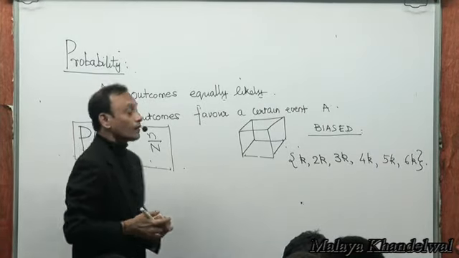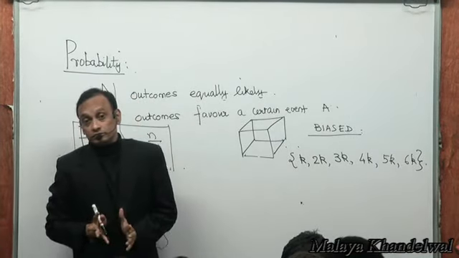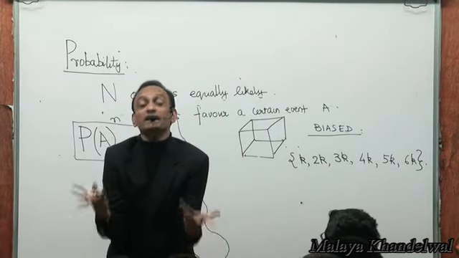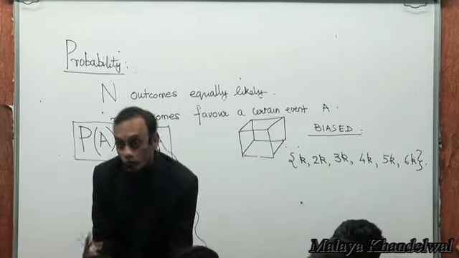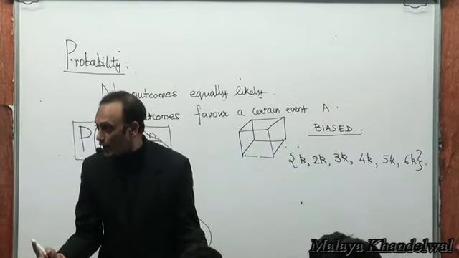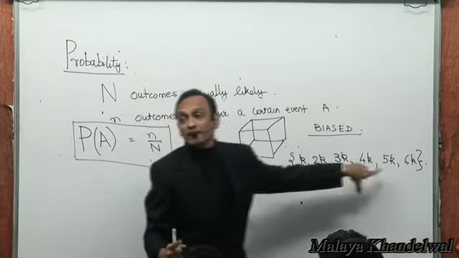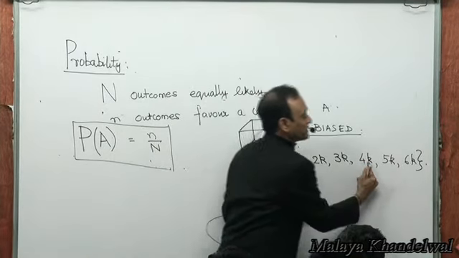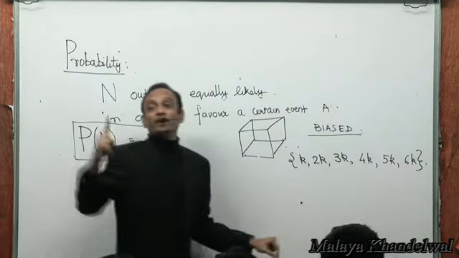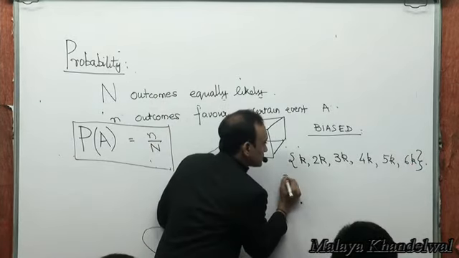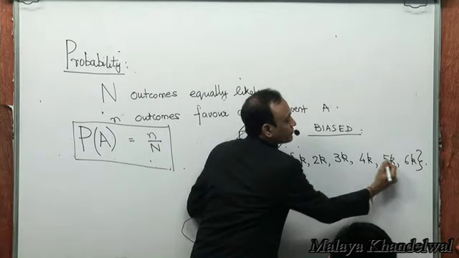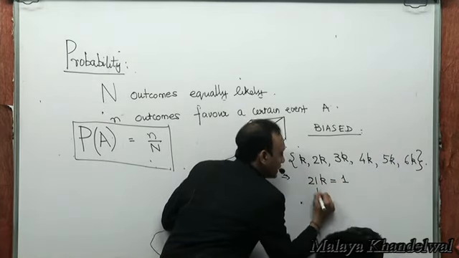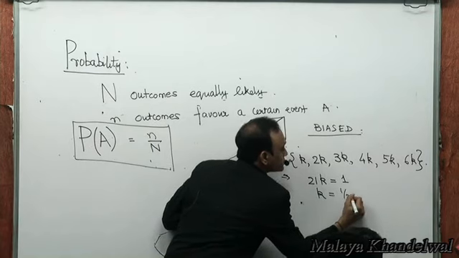However, the sum of the probabilities would be 1, because at least one of the events would have to certainly occur. That means k plus 2k plus 3k plus 4k plus 5k plus 6k would be 1. That means 3, 6, 10, 15, 21k equals 1. K then is 1 by 21.